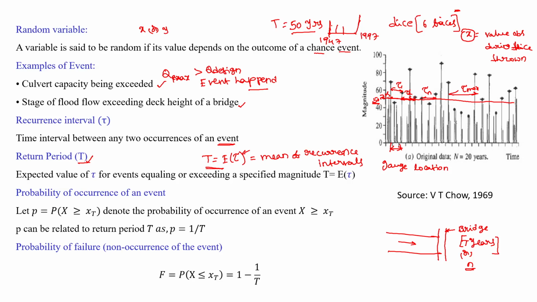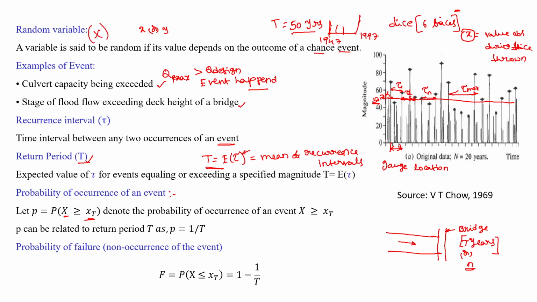So what is the probability of occurrence of an event? How can we calculate the probability of occurrence of this particular event? It means the probability of stream flow exceeding the threshold. Let's say we assume that xt is our design value and X is a random variable.